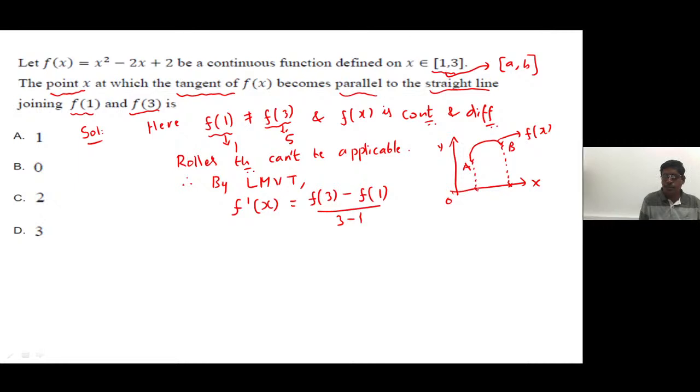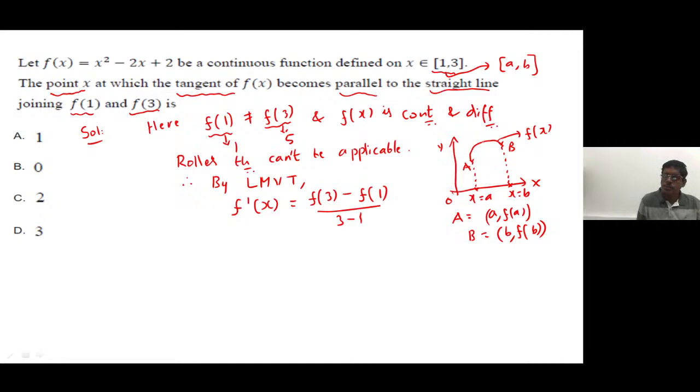So A has coordinates a comma f of a, and B has coordinates b comma f of b, which we studied in BTech.